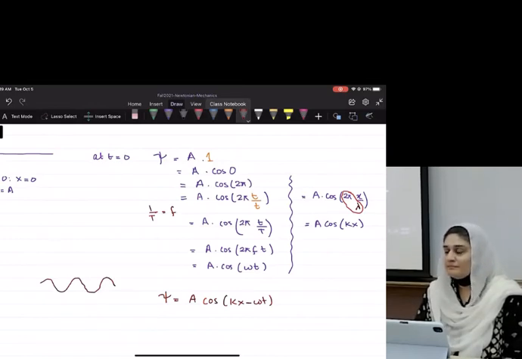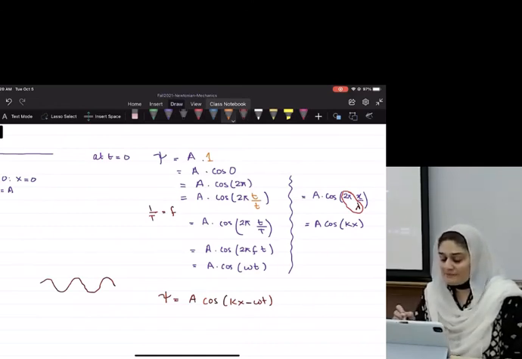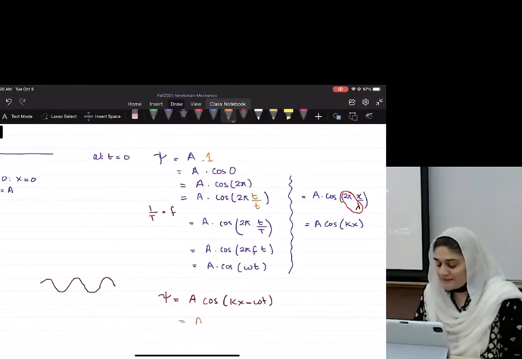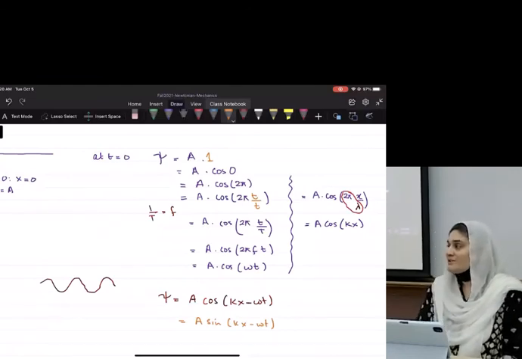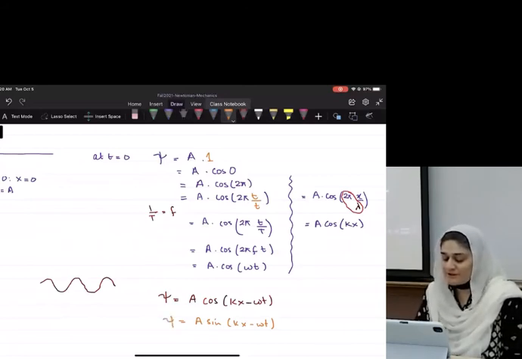What's the difference between sine and cosine? It's where they start. Did I tell you where this one started? No. So is it equivalent to me saying that this is a sine of kx minus omega t? Because I don't know whether it's sine or cosine. So these two are equivalent to each other.